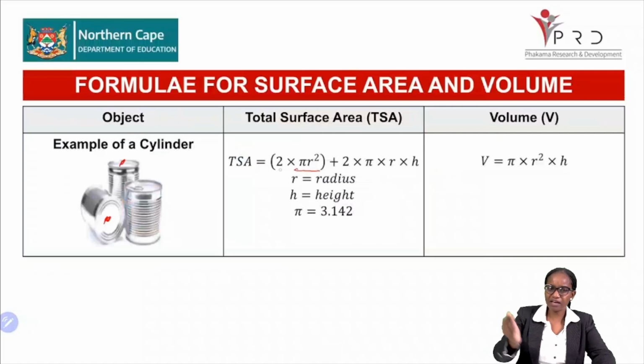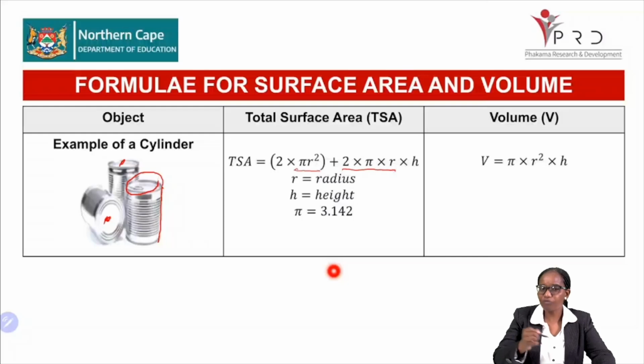What about the curved surface area? The curved surface area is the height times the circumference. So we know that to get the circumference, it's 2 pi r, because circumference is equal to the perimeter of the circle.